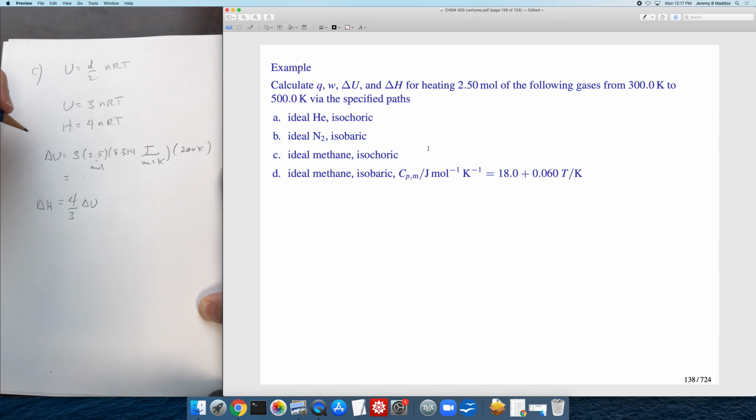How to calculate heat? It's isochoric. So under isochoric conditions, Q equals delta U. And work equals 0 for isochoric conditions. So let's get the number real quick.